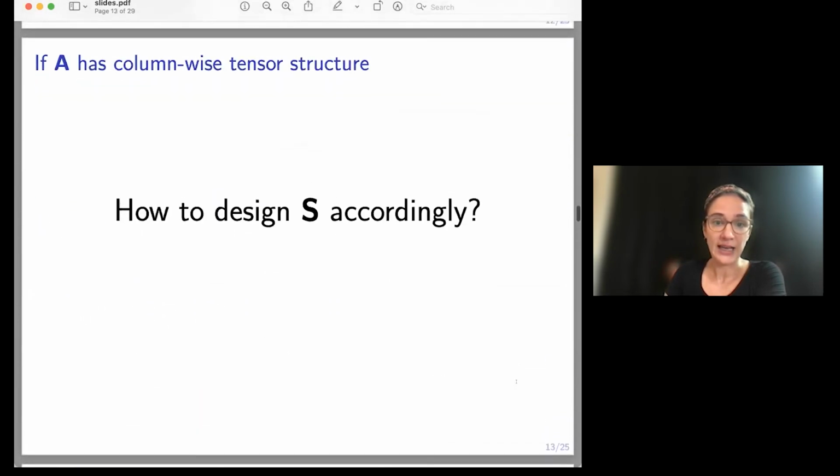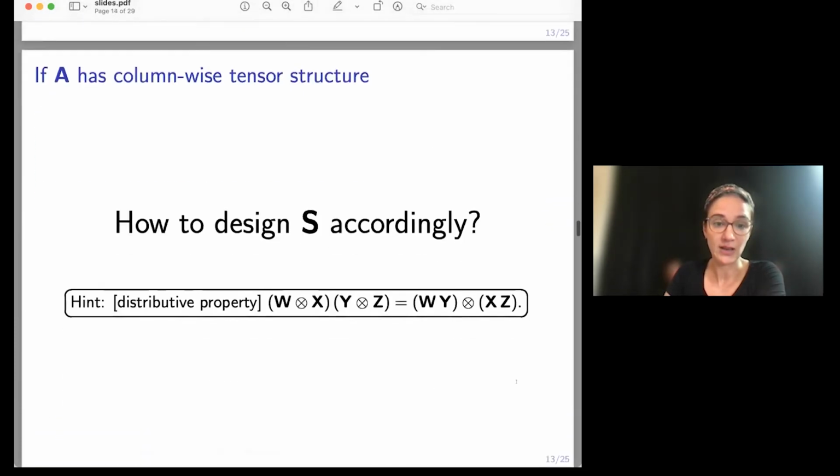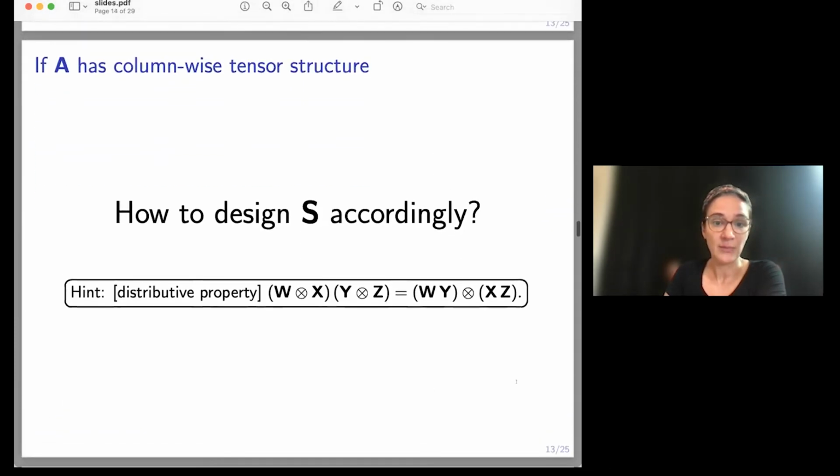So how to design a good sketching matrix in order to have these computations? A hint is that if the input vectors have this Kronecker product structure, a really important property of the Kronecker product is the distributive property.